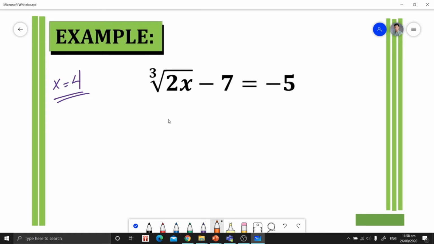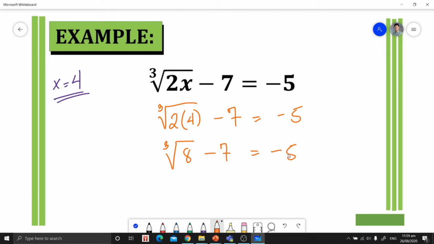Now, after getting the value of x, it is time for us to check if this is the true value of x. We have to check by substitution. So let's replace the value of x by 4 and then simplify to see if both sides satisfy each other. We have the cube root of 8 minus 7 is equal to negative 5.